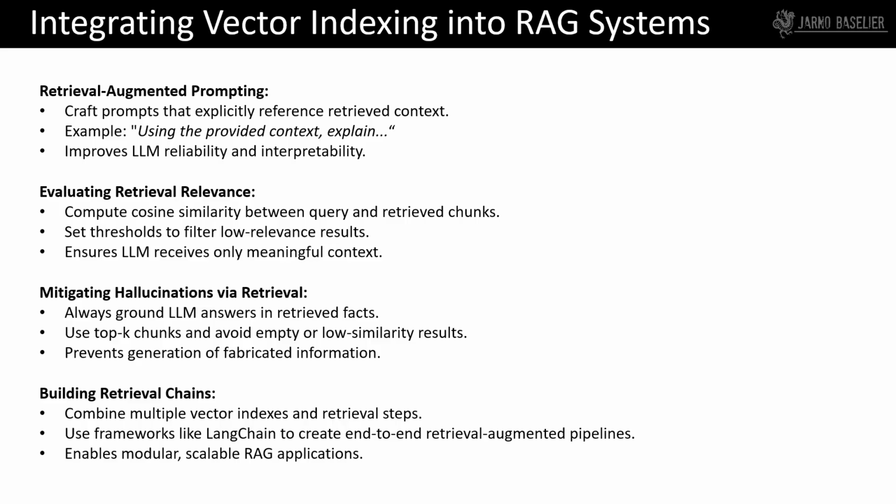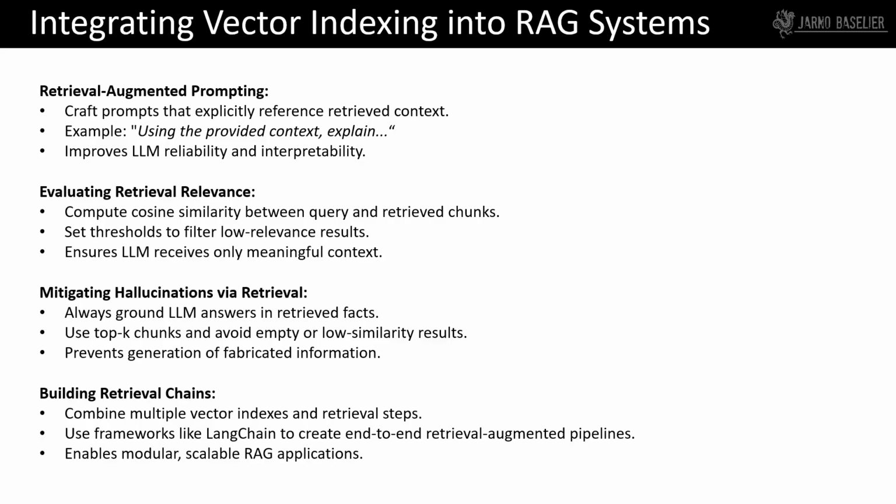Retrieval augmented prompting. So craft prompts that explicitly reference retrieved context, for example, using the provided context, explain, and this improves LLM reliability and interpretability. Evaluating retrieval relevance: compute cosine similarity between query and the retrieved chunks, set thresholds to filter low relevant results, and ensure that the LLM receives only meaningful context and works with this specific context.